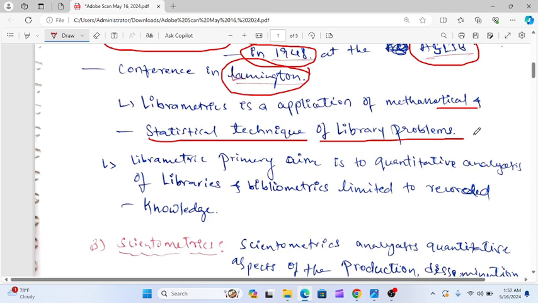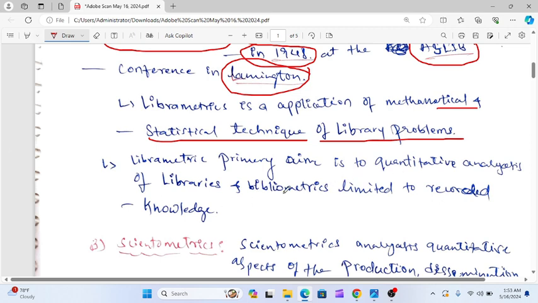Whatever library problems we have, how much usage there is in the library, how many books were used in the previous year, we can analyze all this data with this technique: how many times a book is issued by users, which book or journal is most used, and the quality of the document. We do all this statistical and mathematical analysis with librametrics. Its primary aim is quantitative analysis of libraries, while bibliometrics is limited to recorded knowledge.